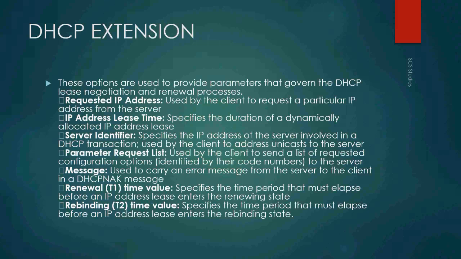Renewal. Renewal time value specifies the time period that must elapse before an IP address lease enters the renewal state. So renewal time value is very important, because suppose you set a value of 24 hours and you provide the IP address to a client machine, it will not send a renewal request till the 24 hours are complete.